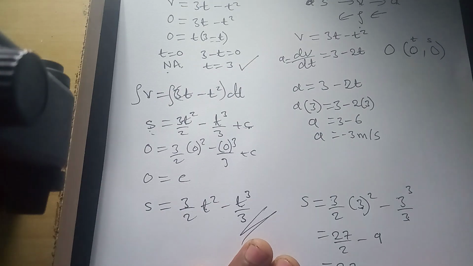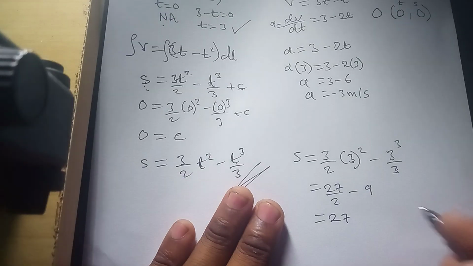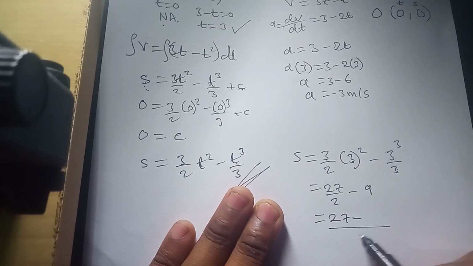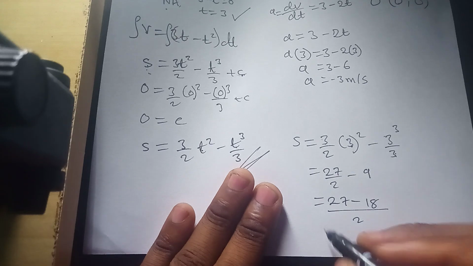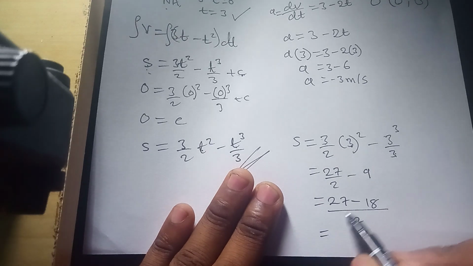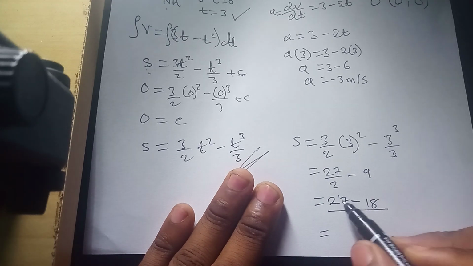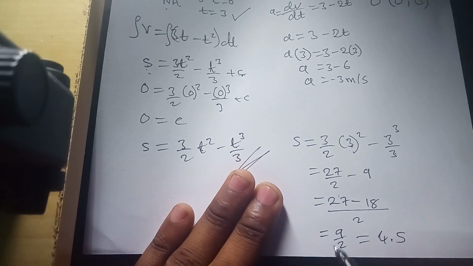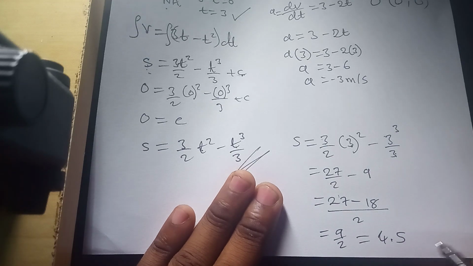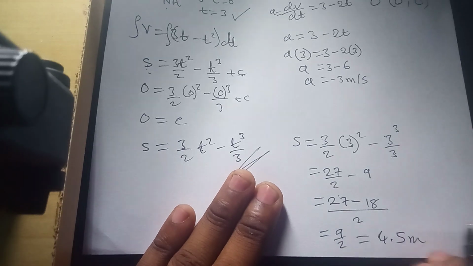So we have 27 over 2 minus, of course we have our common denominator, minus 18 over 2. So that's 9 over 2, which is like 4.5. So you can either leave it like this or like this, and these are meters.